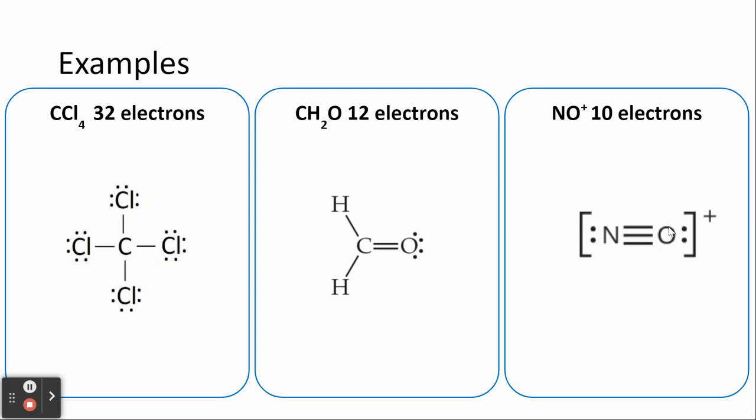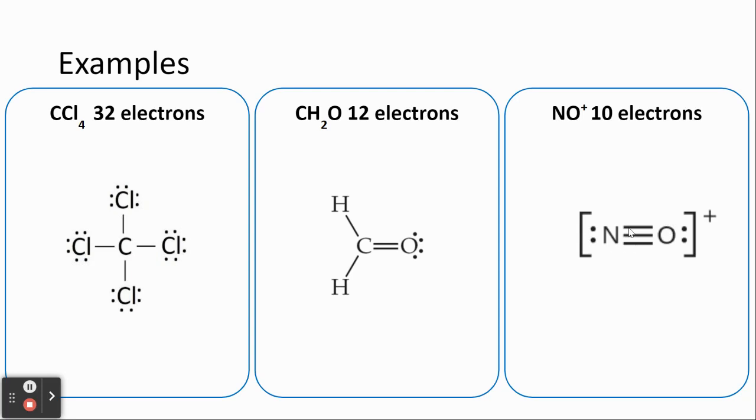Oxygen is more electronegative, so we would put 2, 4, 6 valence electrons on oxygen, and then the remaining pair would go on nitrogen. But nitrogen won't be stable unless we move 2 lone pairs of electrons and make them bonding pairs of electrons between the nitrogen and the oxygen. That forms a triple bond.